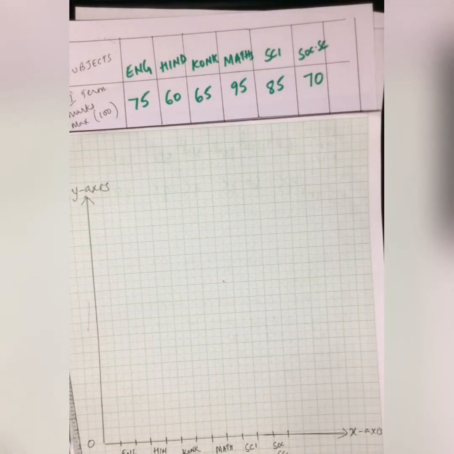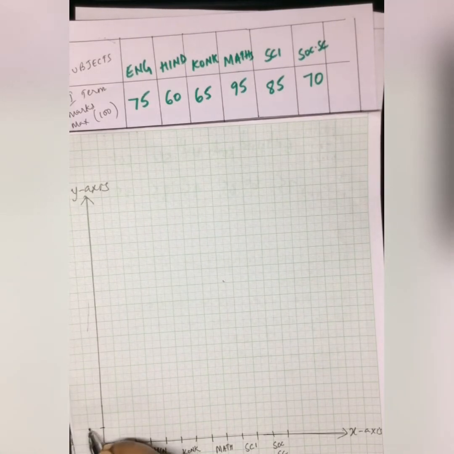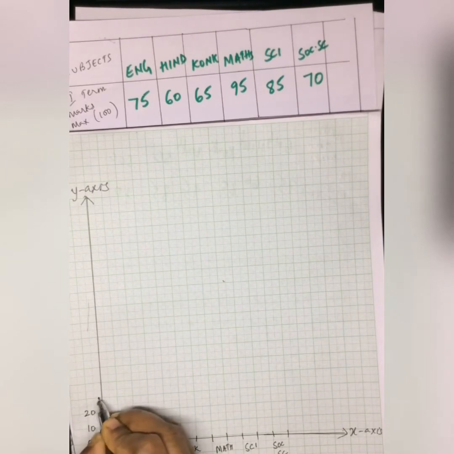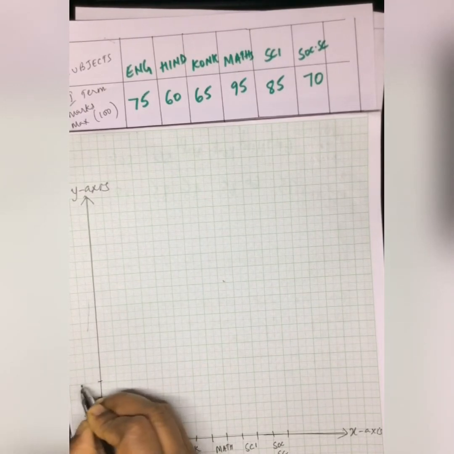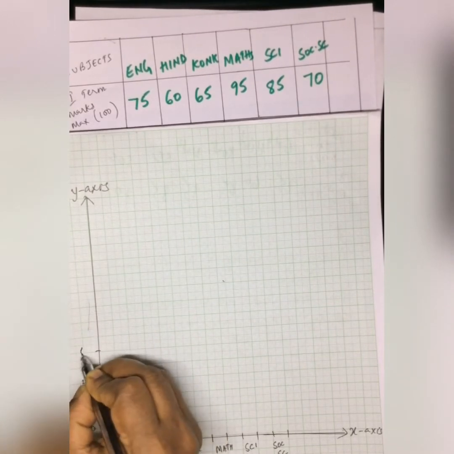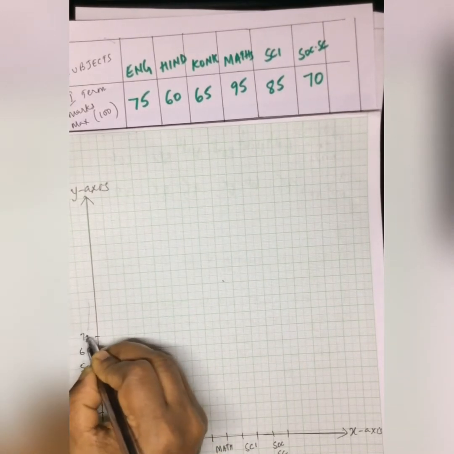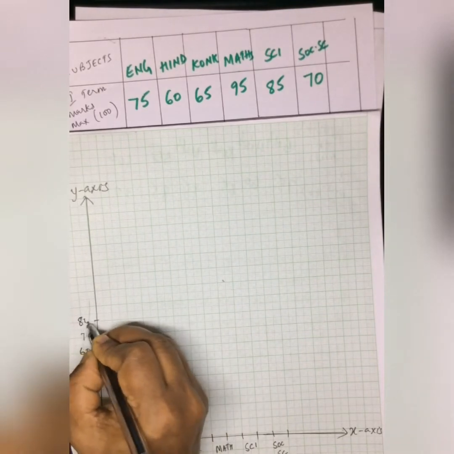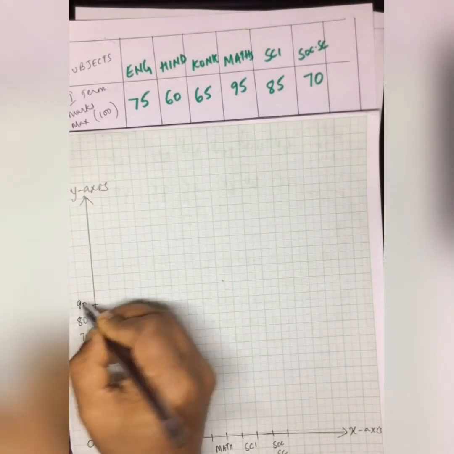Now we have to take equal divisions. From 0, we take small divisions as 10. 10, 20, 30, 40, 50, likewise 60, 70, 80, 90 and 100.